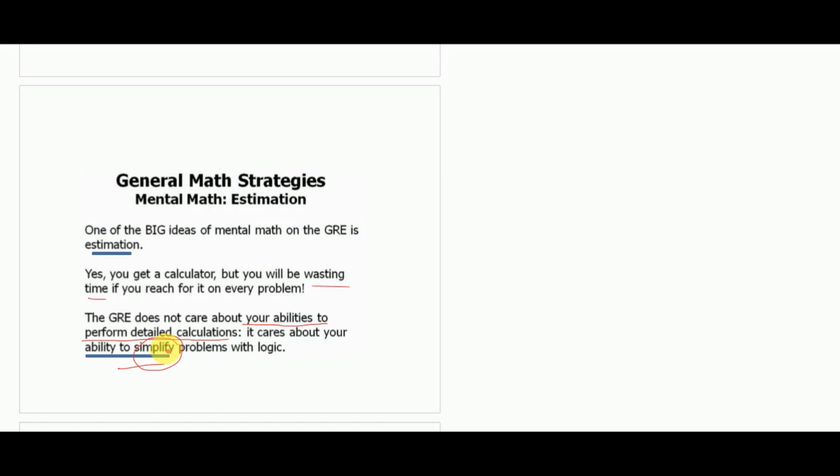This is what they're looking for: can you simplify a complex problem into simple steps? If you can do that, they think you're ready for moving towards your graduate studies. So let's think about it. As you can see, we have a problem, I wouldn't say very complex, but with some complex numbers.